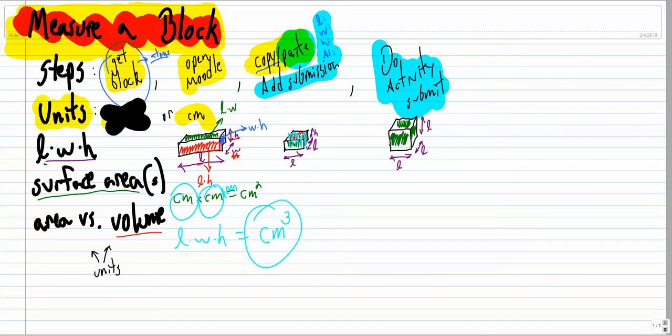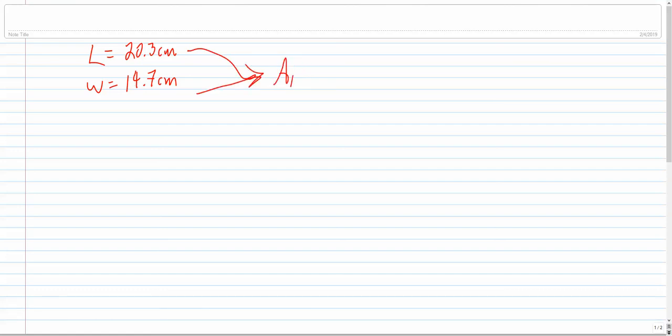So if I add a page in here, and my styrofoam block that I looked at with you a minute ago, if my length was 20.3 centimeters and my width was 14.7 centimeters, that means those two sides would make an area, I'll call it area 1.